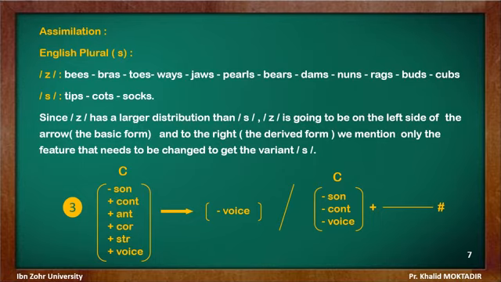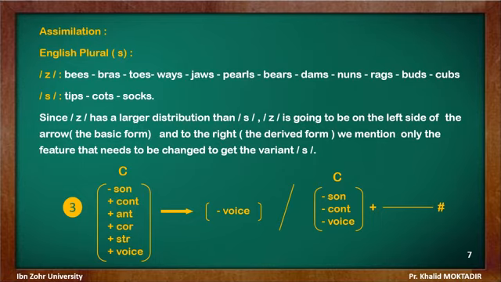The feature matrix here represents the last sound in the word. And then we have the morpheme boundary, and then the environment for the plural S, and finally the word boundary. So that's where the plural S occurs.